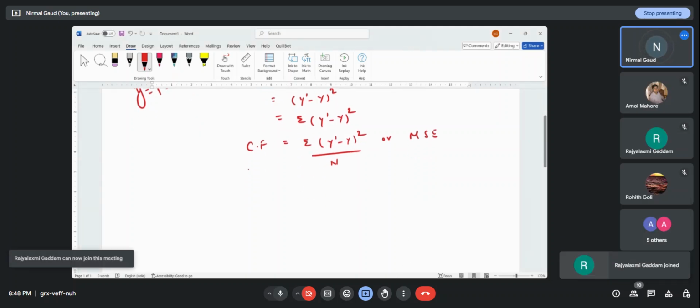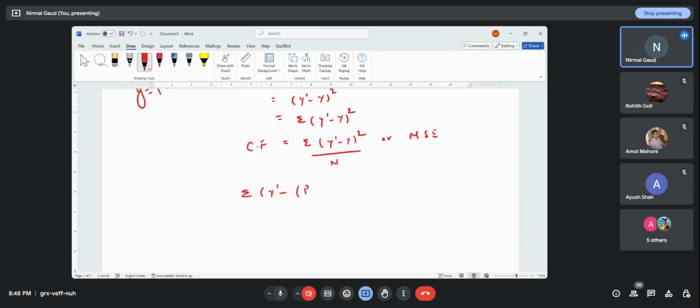So it's like summation y dash minus beta naught plus beta 1 x whole square divided by n. So this is your cost function or error, mean square error, whatever you want to say.